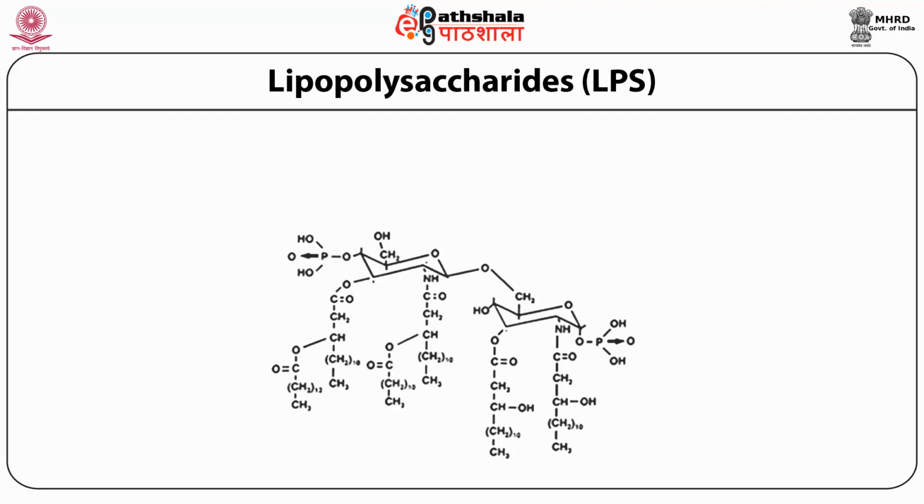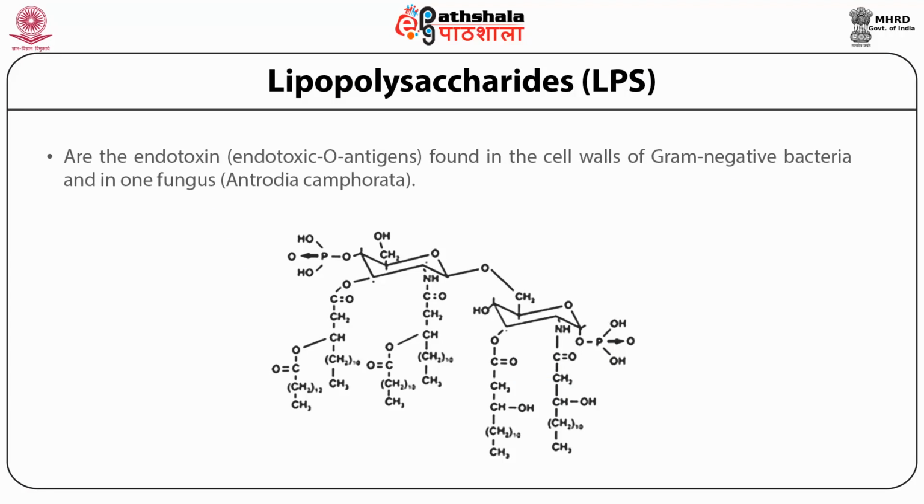Lipopolysaccharides are the endotoxins emanated from the cell wall of gram-negative bacteria. It is also found in a fungus named Antrodia camphorata.